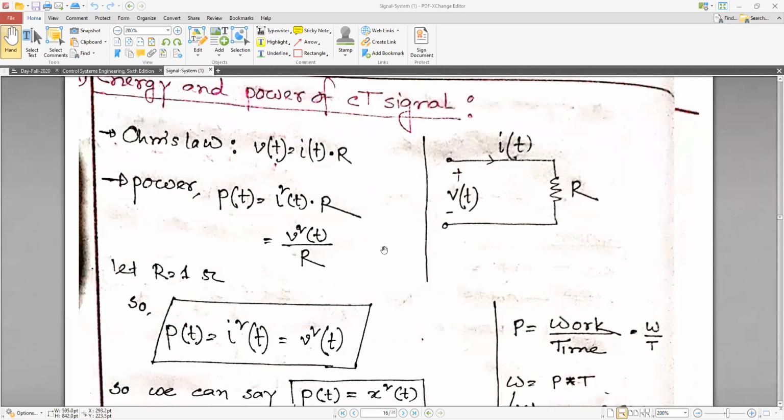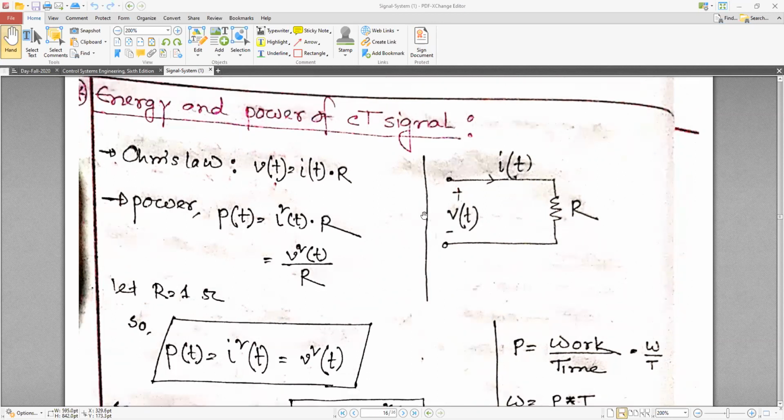See this one. See the circuit diagram. Energy and power of CT signal, that means continuous time signal.